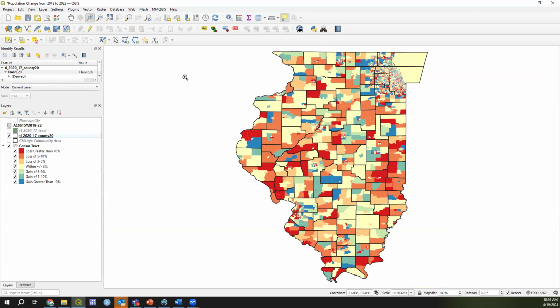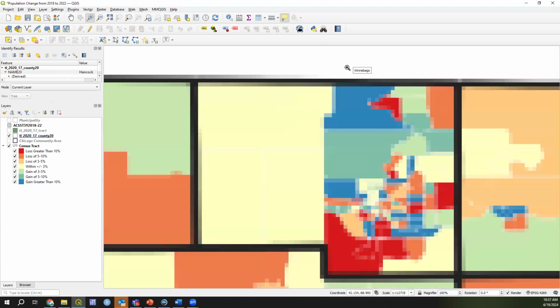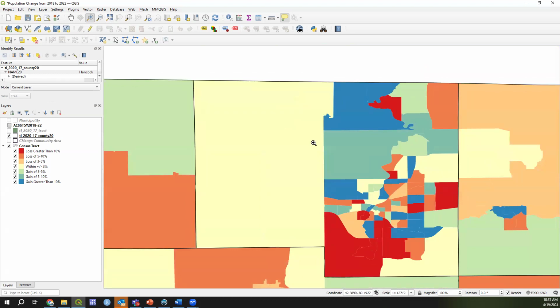A couple more examples. The third largest city is in Winnebago County, Rockford. And you can see, again, a lot of small census tracts here because this is Rockford, whereas this huge area is entirely one census tract.